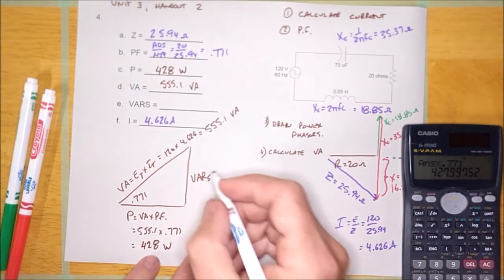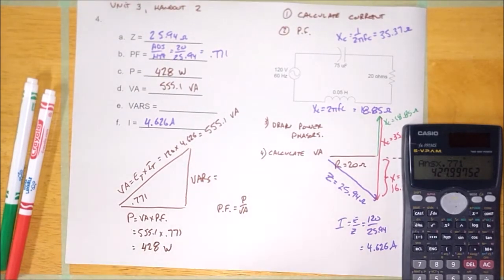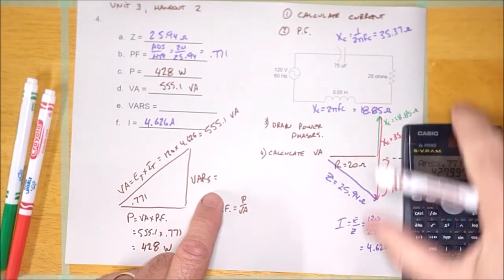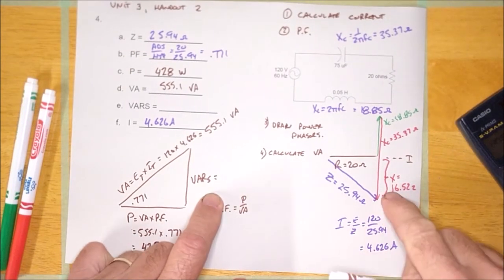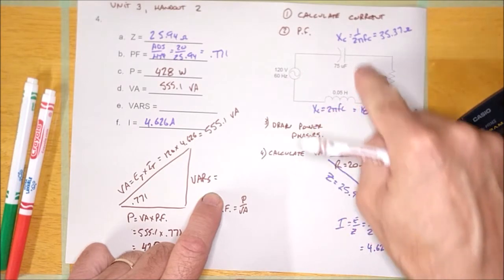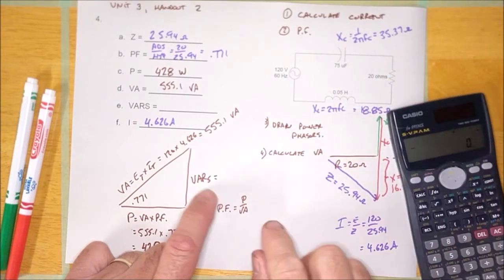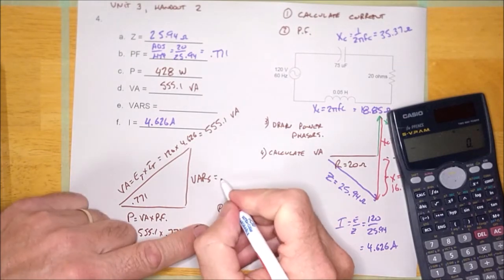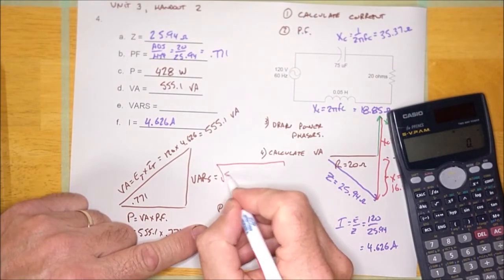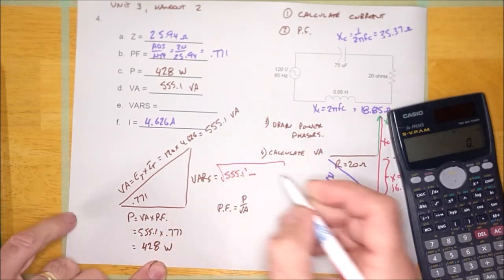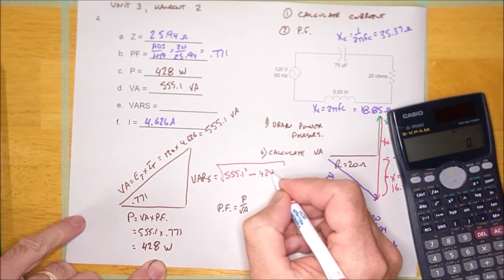Last thing I'm going to calculate is the VARs. Now, I could go EX times IX. I'd have to figure out EX and I don't know what, okay? You could do it with that formula, but I don't like to. I'd rather use trig. This VARs here, guys, is going to be equal to the square root of 555.1 squared minus, because this is a short side, 428 squared.